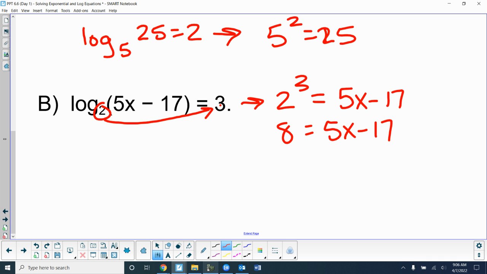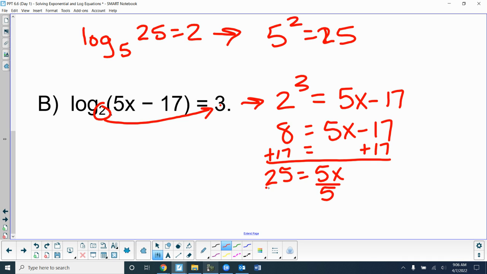Can we solve that equation now? Yeah, it's really easy. Okay, we're going to do what first? Add 17, which is 25. Good. And then do what with the 5? Divide. So what's our answer? 5.